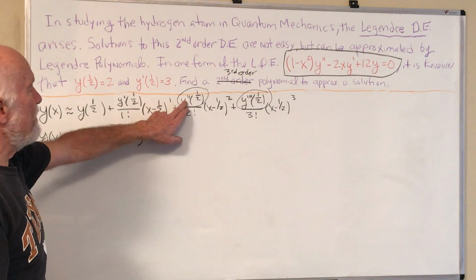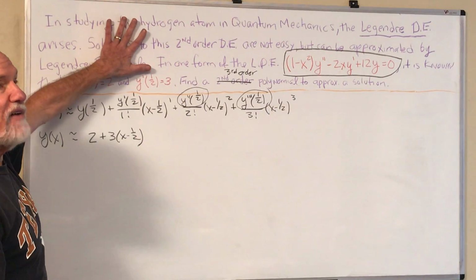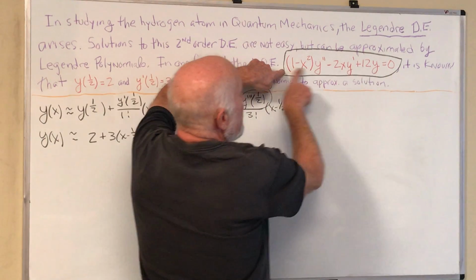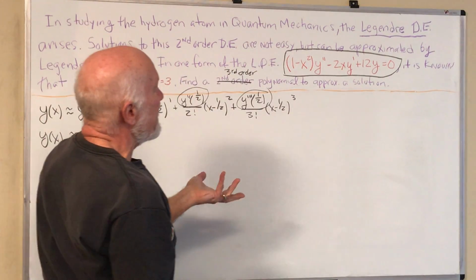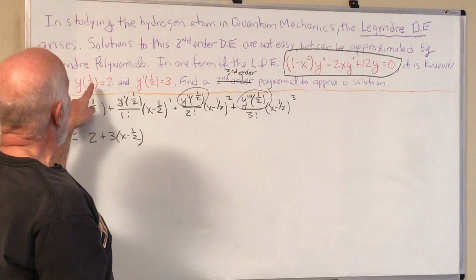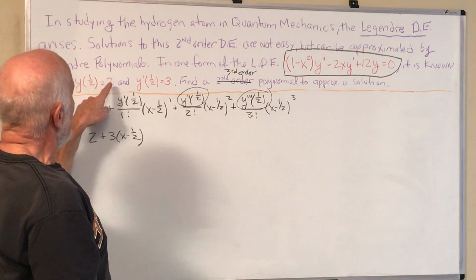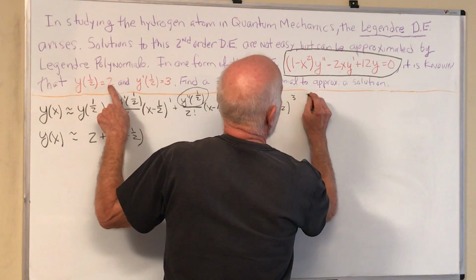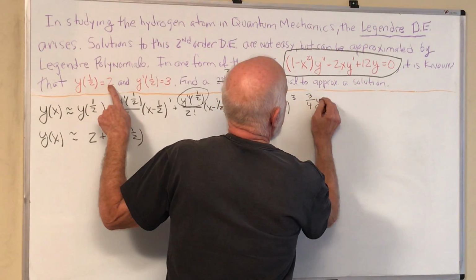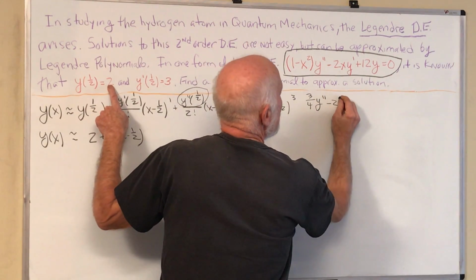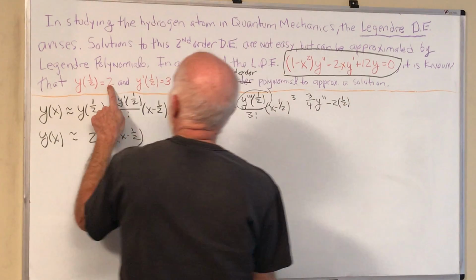Now we have to get y double prime. Well, what do we have on here that's going to get us y double prime? We've got this differential equation. So we should be able to plug in any value of x and y. So let's plug in 1/2 for x and 2 for y. So we get 1 minus 1/4 y double prime minus 2 times x times y prime.